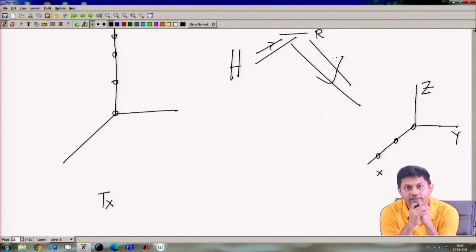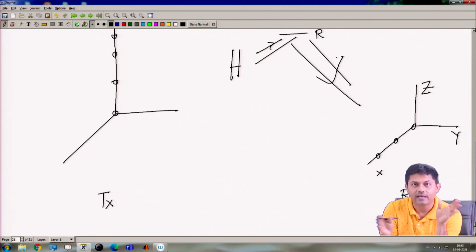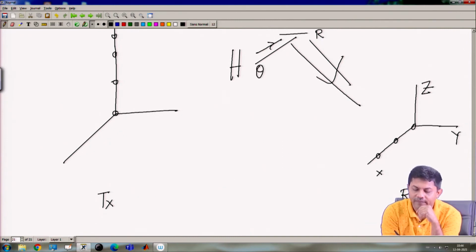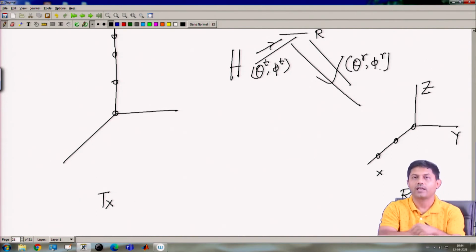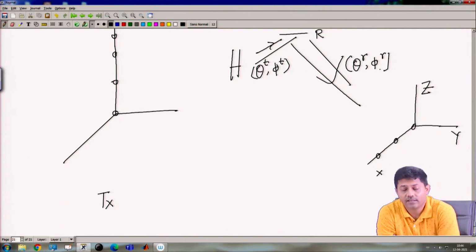So, I have just created a reflector. So, I have theta t and phi t, and here I have theta r and phi r. That is what I have given. So, under this scenario I want to construct my channel here.